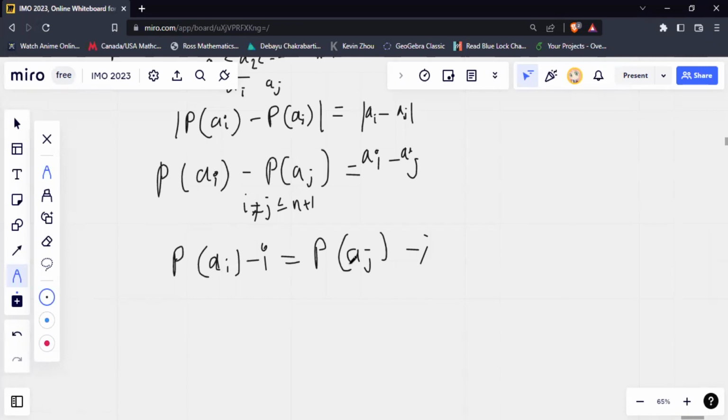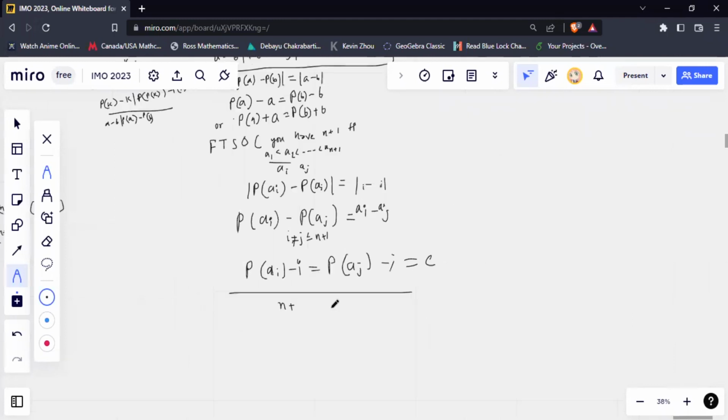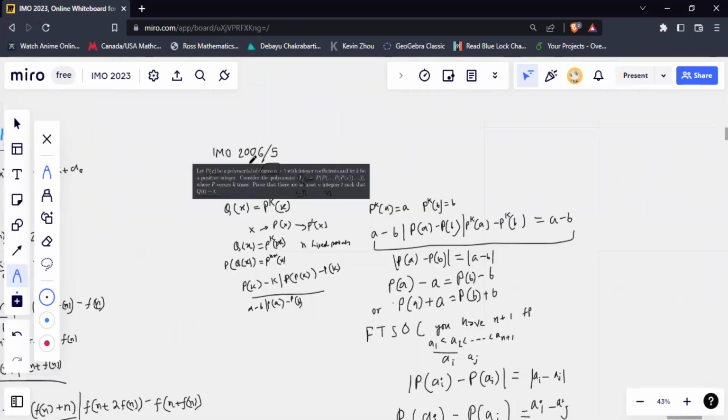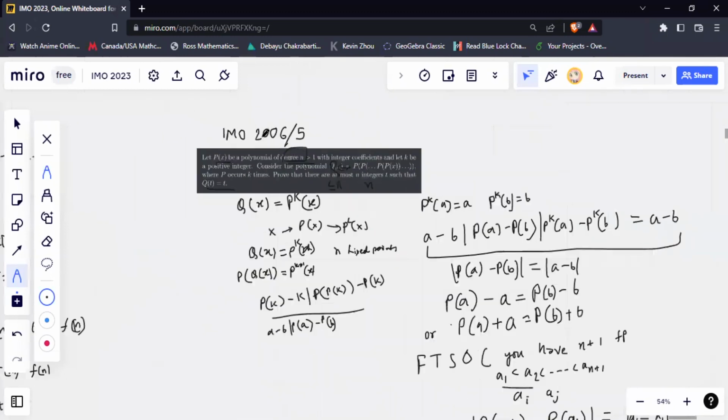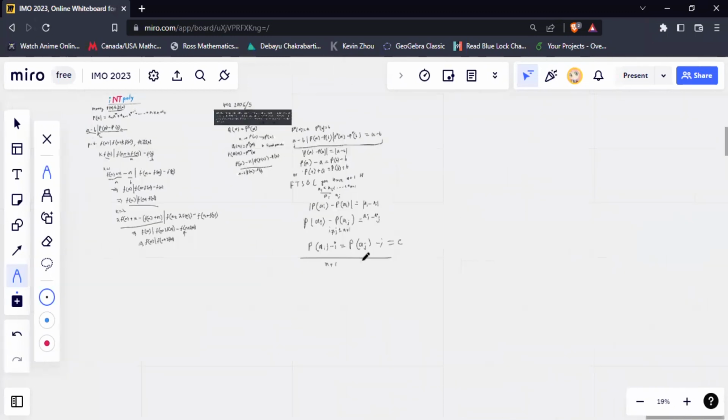Does everyone follow why this happens? This is a constant, right, for n plus one things. But we have that p is an n degree polynomial, which is bad.